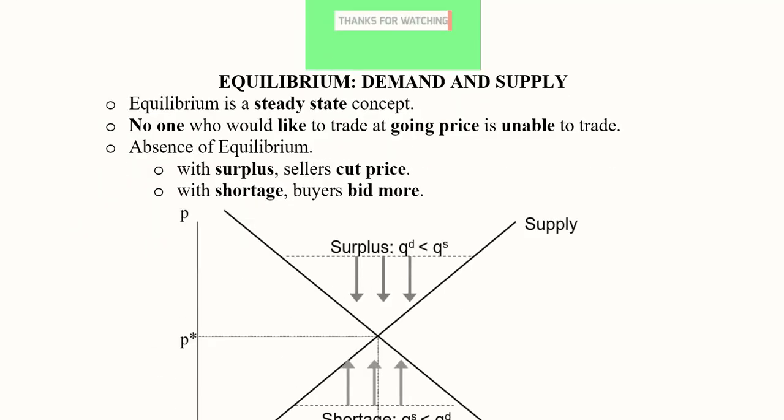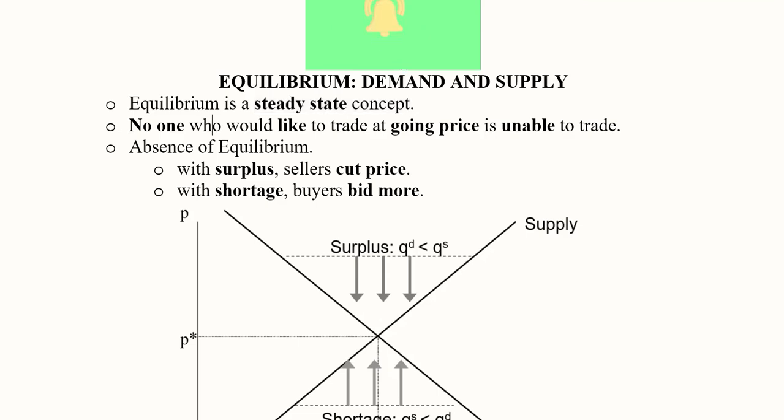Finally, we come to the interaction of the demand and the supply curves. This will give rise to equilibrium. Let us see how this equilibrium takes place. It is basically a steady state concept, which means that it is a desirable situation and change in it is not likely.